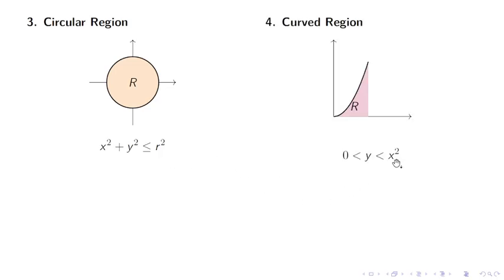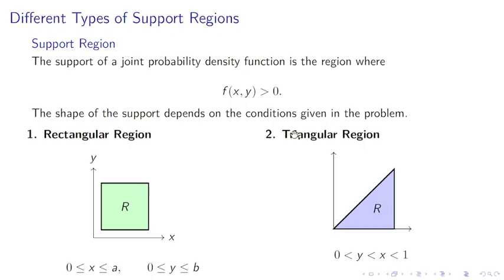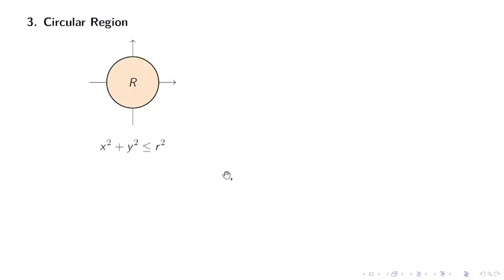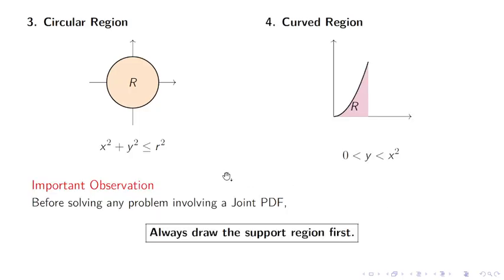If one variable is squared, a curved region also occurs like this. These are the support regions. We have four different types: square type, triangle type, circular type, and curved regions.